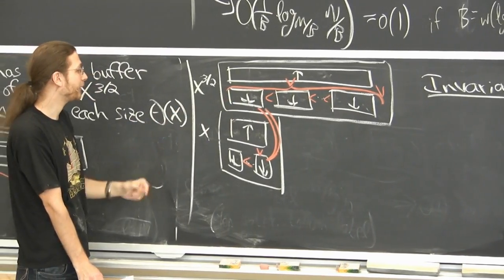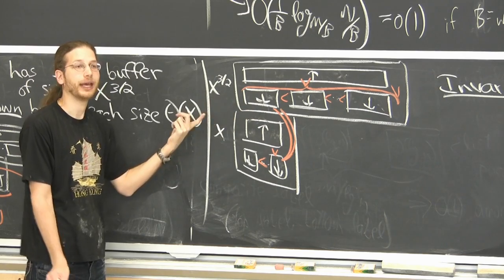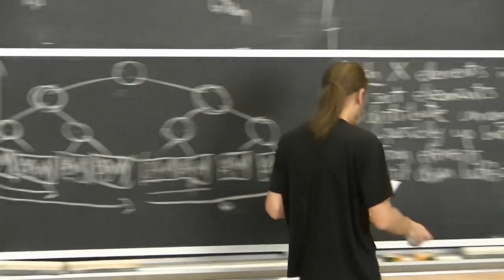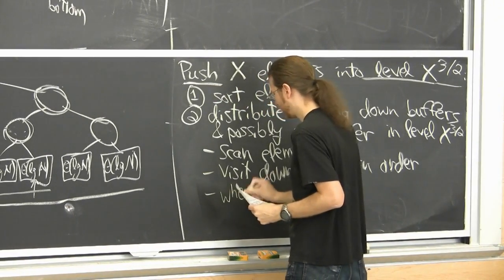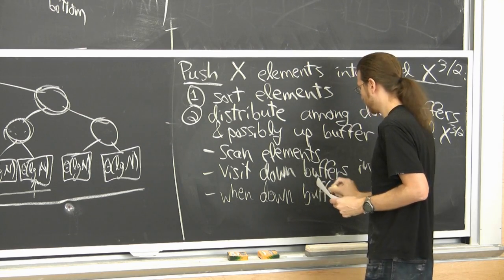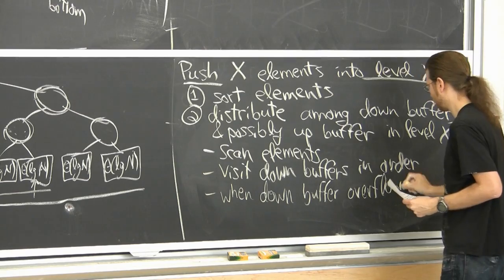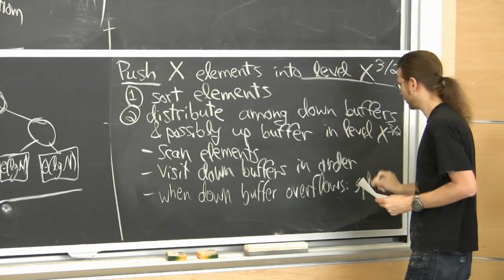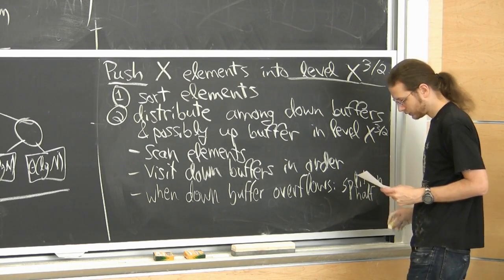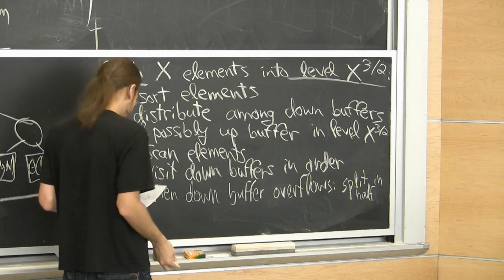Each of them will have space for, say, 2X items, but once I do a split, they'll both be half full. So when a down buffer overflows, split in half, and maintain a linked list of down buffers.